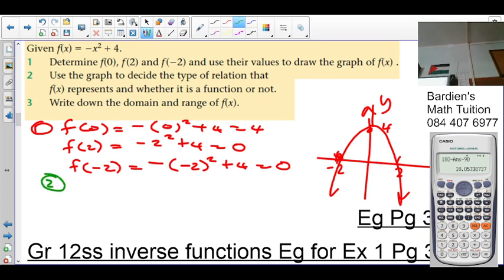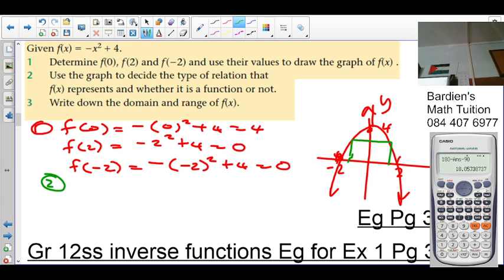The second question says, use a graph to decide the type of relation that f of x represents and whether it is a function or not. And we spoke about that, you remember?